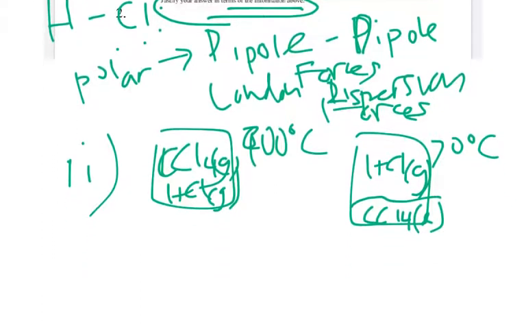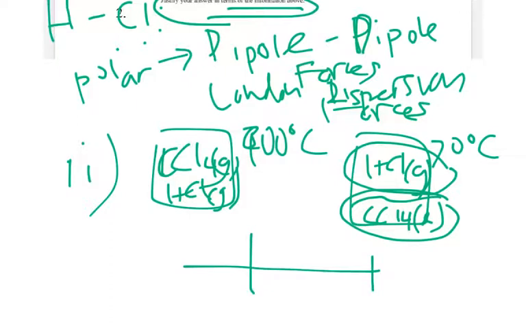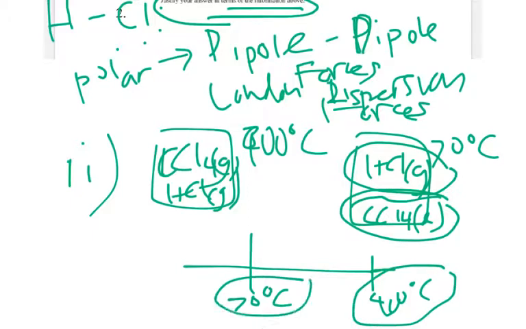It tells us that the boiling point of CCl4 is higher than that of HCl, because if we draw a nice little diagram over here, we can label this at 70 degrees Celsius and this at 400 degrees Celsius. We can figure out where the boiling points are. It states that when it cools down from 400 to 70 degrees Celsius, the CCl4 becomes a liquid from a gas.